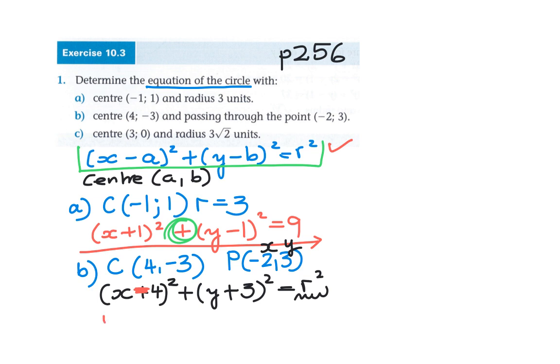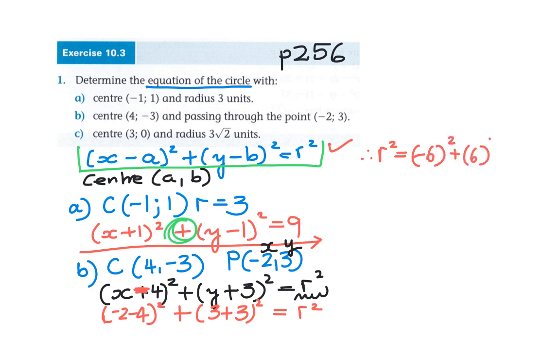So I have (−2 − 4)² + (3 + 3)², which gives me r². Therefore, r² is (−6)² + 6², so I've got 36 and 36.